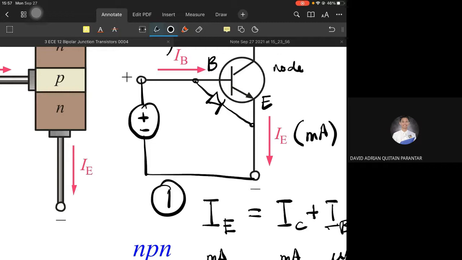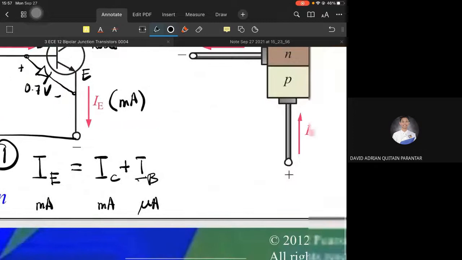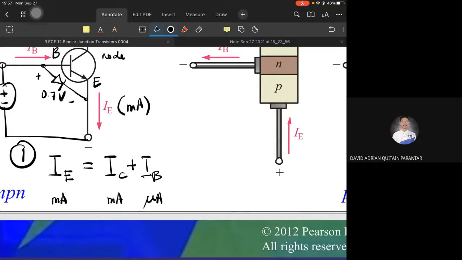So in this case, naka-forward bias ang atong diode. And if naka-forward bias ang atong diode, atong virtual diode, naa siya voltage drop nga 0.7 volts. So that's the second relationship that we need to always take note of. For the BJT to be used as an amplifier, VBE, or the voltage across the base and emitter terminal, will always be 0.7 volts.